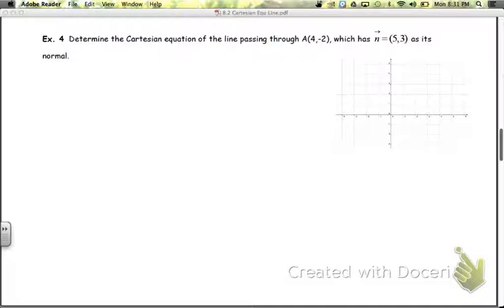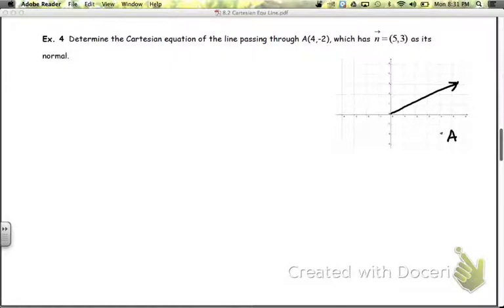Remember, our normal comes from our origin. So if we locate the point (5, 3), that is going to be our normal here. Now we also know that it passes through the point (4, negative 2). So that's our point A.